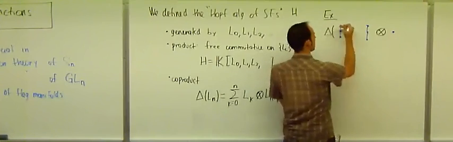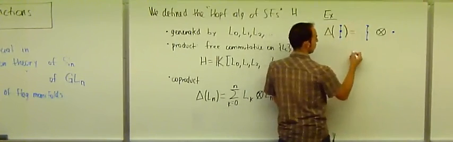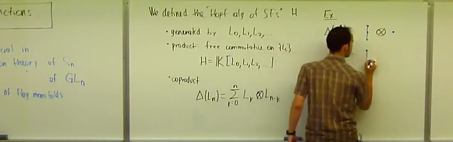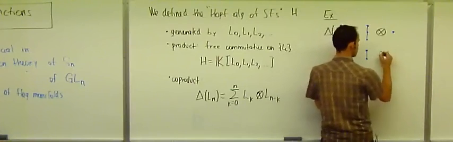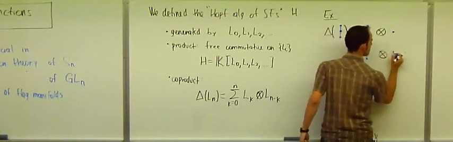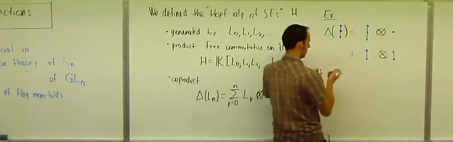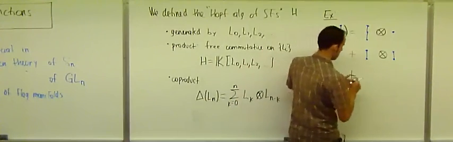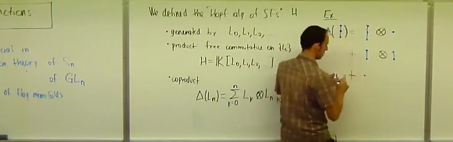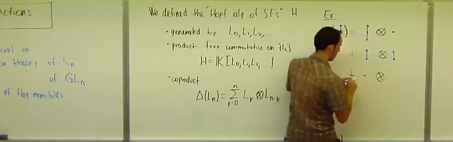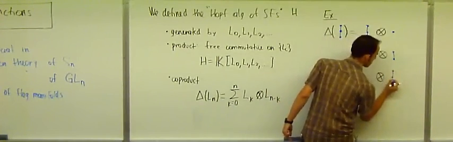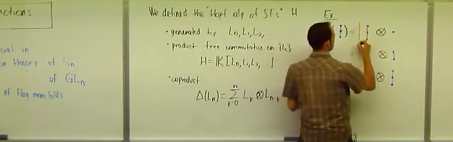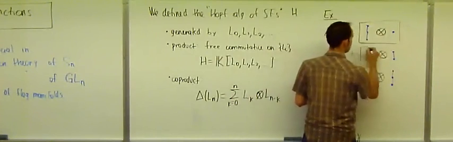Okay, so if we cut right here, or we can cut in the middle, and we're going to get this tensor this. And finally, we can cut at the bottom, right? And so we get point tensor the two chain. Okay? So we get these three different terms. And that's our coproduct.